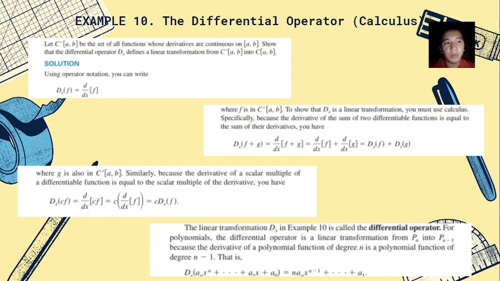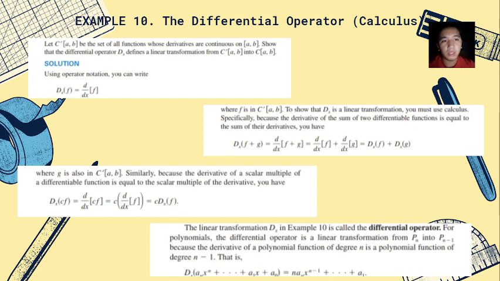Similarly, because the derivative of a scalar multiple of a differentiable function is equal to the scalar multiple of the derivative, because the sum of two continuous functions is continuous, and because the scalar multiple of a continuous function is continuous, D_x is a linear transformation from C'[a, b] into C[a, b]. The linear transformation D_x in this example is called the differential operator.